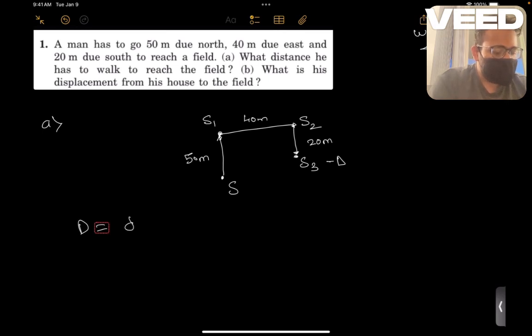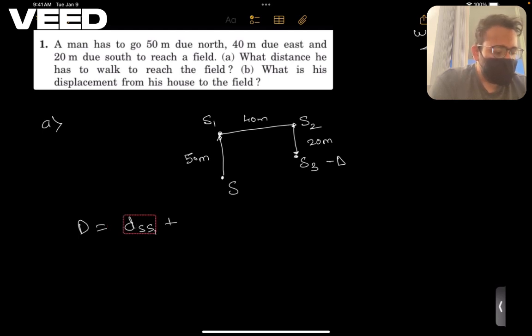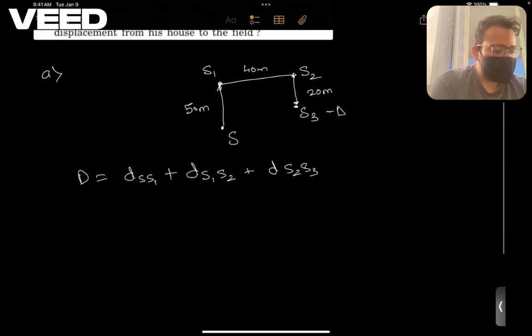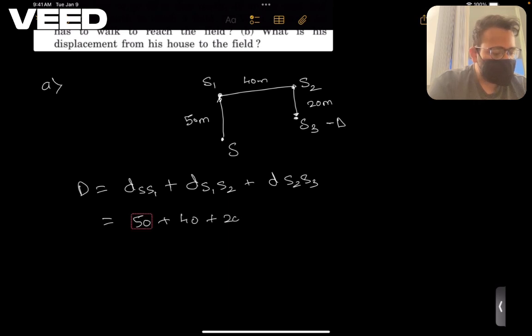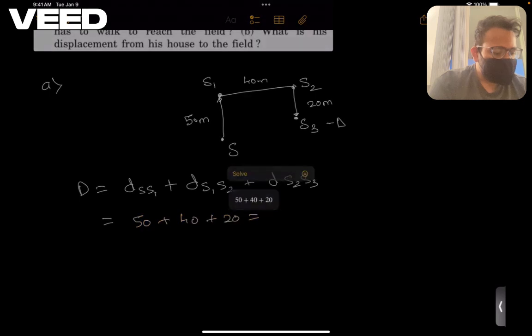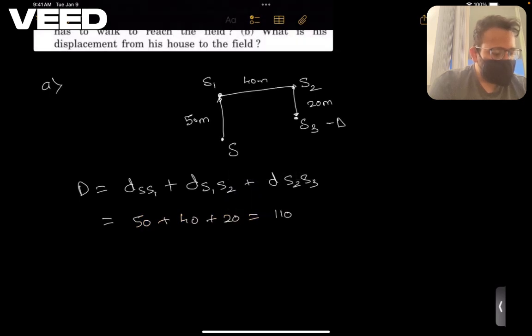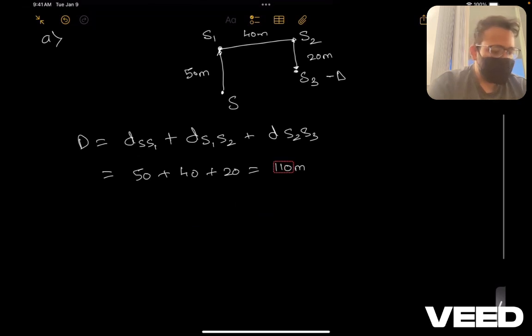So it will be the distance from S to S1, then we also have to add the distance from S1 to S2, then the distance from S2 to S3. So the total distance that the man has moved will be the addition of these three distances. So it will be 50 plus 40 plus 20, which comes to 110 meters. So the distance traveled by the man is 110 meters.